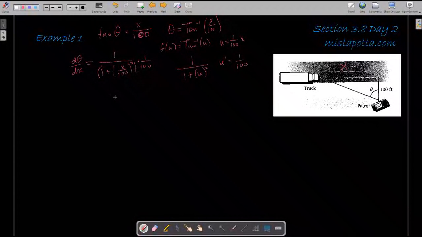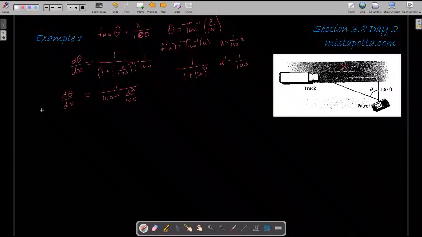So 100 times 1 would give me 100. And if I take 100 times this fraction, I'm going to end up with x squared over 100. And all of this is over 1. So here's a good formula for d theta dx.